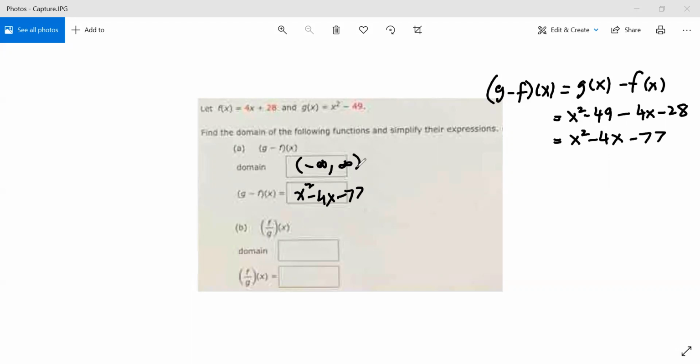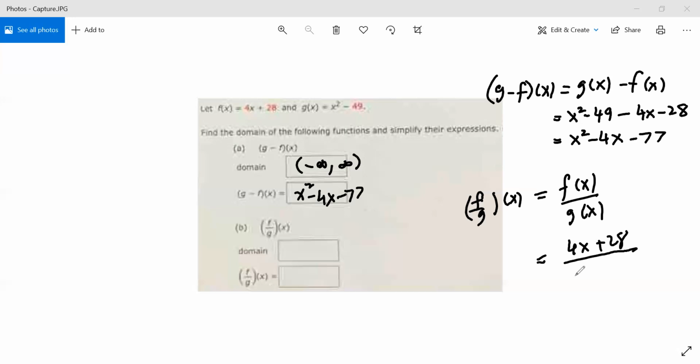Now let's do the division. For the division, f over g is just f of x over g of x, so 4x plus 28 divided by x squared minus 49.